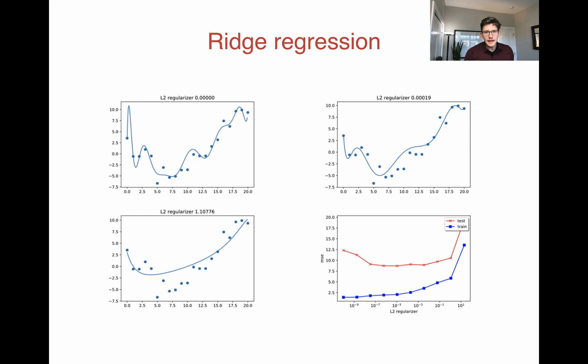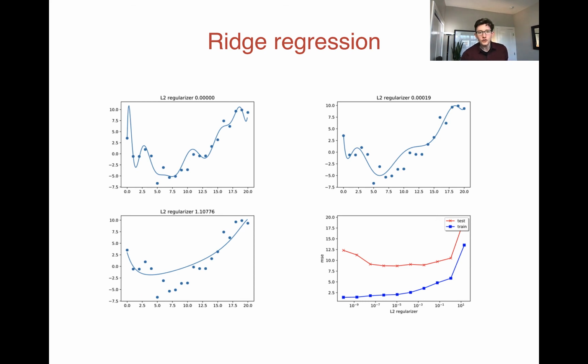But as we increase our L2 regularization strength, the overall magnitude of our weights is going to come down, and we're going to end up getting a smoother fit to our points. So here we've increased it by a little bit, and here we've increased even further, and we're getting this extremely smooth fit, very close to what we'd get from a degree 2 polynomial.